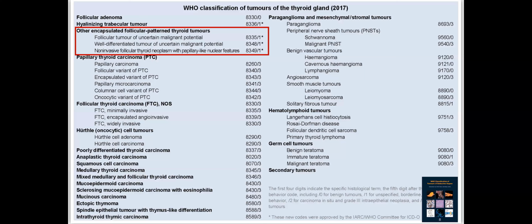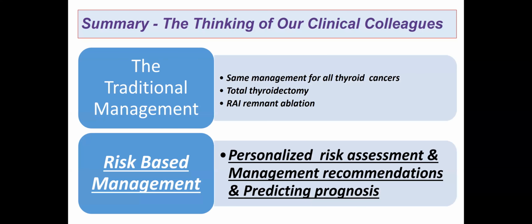And in the 2017 edition, we included the low-risk neoplasm category, which included NIFTP and tumors of uncertain malignant potential. In the 5th edition, the changes happen because our clinical colleagues now think that every thyroid nodule going for surgery should be based upon what we talked about on the personalized risk assessment, where the radiology, the molecular profiling, and the cytology help.